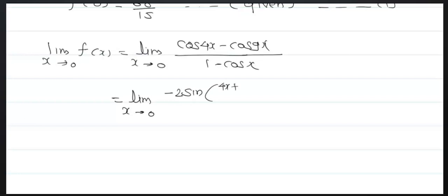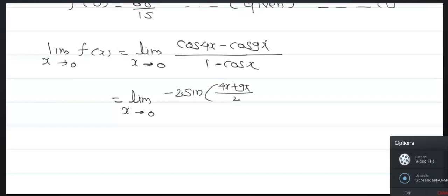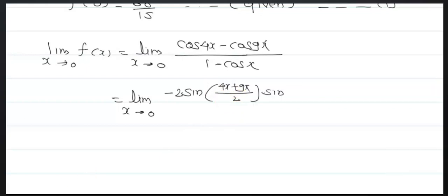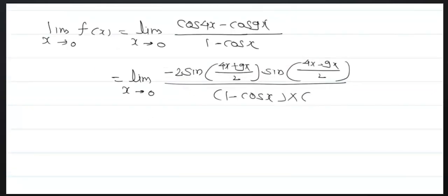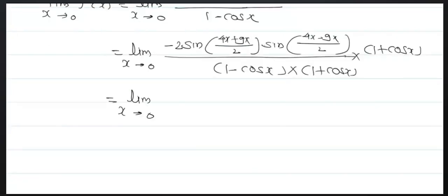Now apply the formula cos c minus cos d, equal to minus 2 times sin of (c plus d) upon 2 times sin of (c minus d) upon 2, upon (1 minus cos x) into (1 plus cos x), multiplying numerator and denominator by 1 plus cos x.